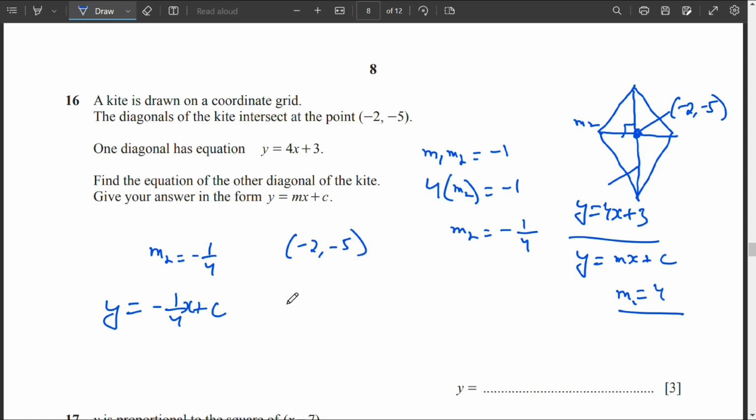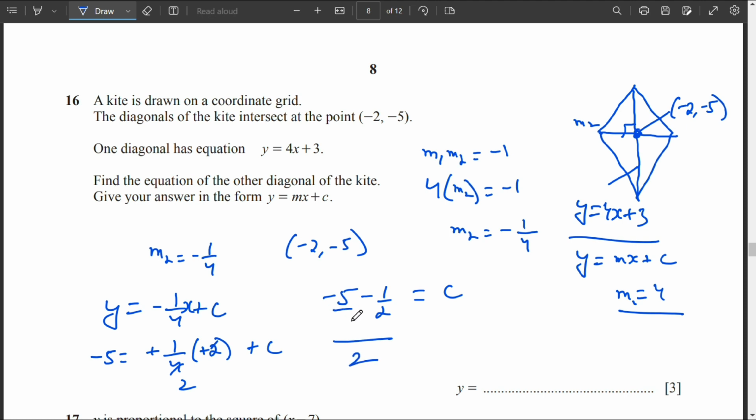So taking x as -2 and y as -5, this will be -5 = -1/4 times -2 plus c. Now minus and minus will become plus, and 2 goes into 4 two times, so this is a half. So this will be -5 = 1/2 + c, so c equals -5 minus 1/2.